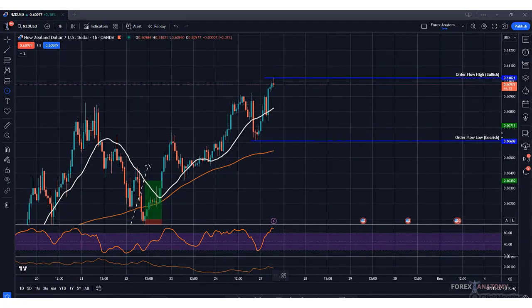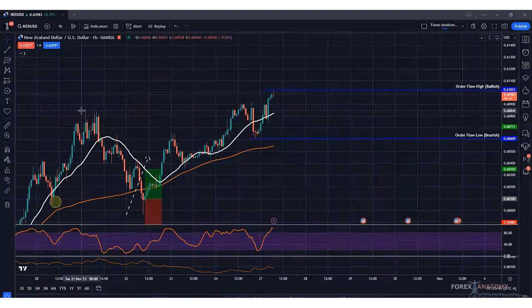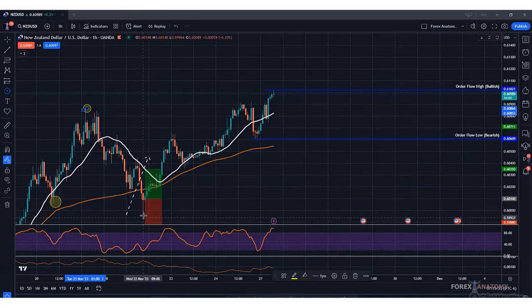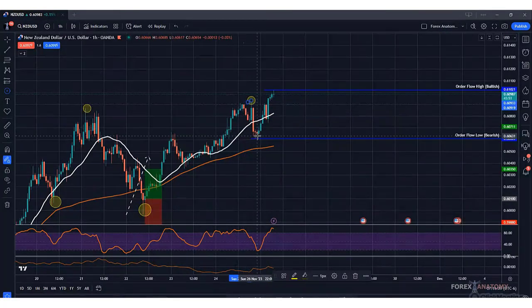So in this case, we had price make this low right here and then pushed up, made this high right there, and then it came all the way down, made an equal low, and then it pushed up and formed a slightly higher high, and then went down.